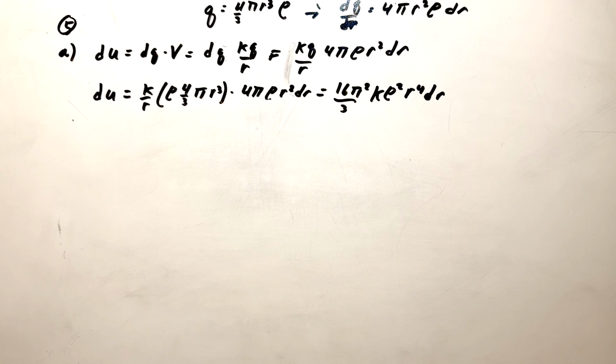So that's part A. That's the increase in the potential energy given a small increase in the radius of the sphere.